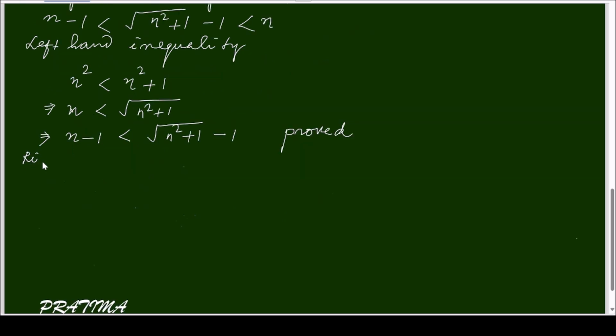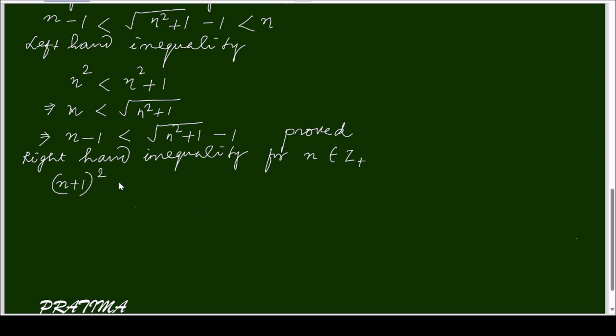Then coming to the right-hand inequality. For n belonging to positive integers, (n plus 1) whole square is greater than n square plus 1.